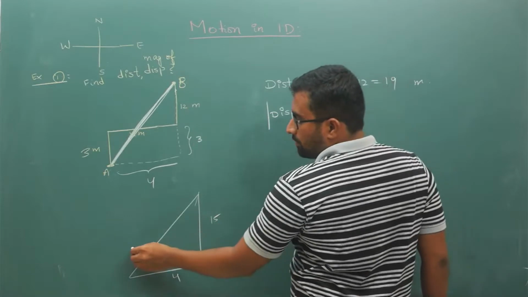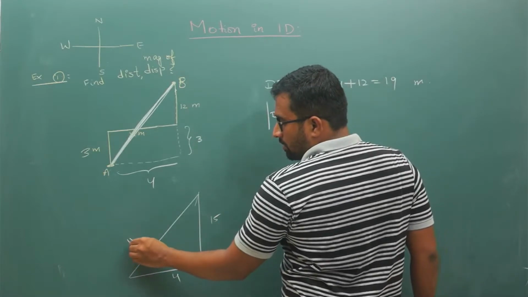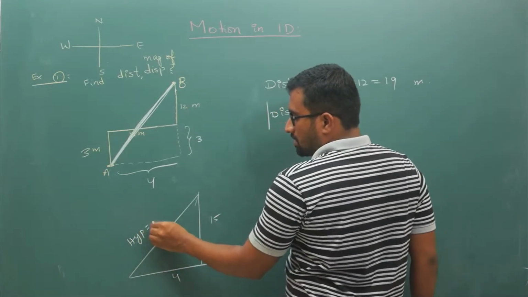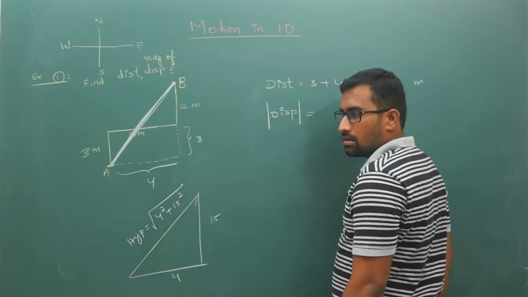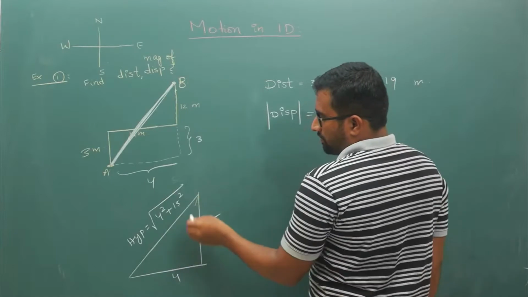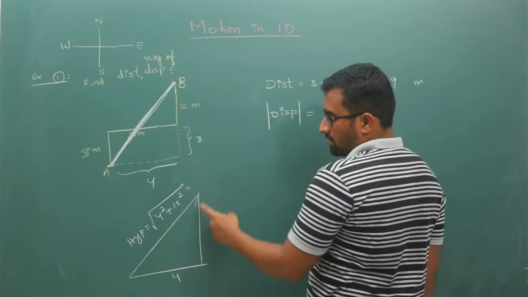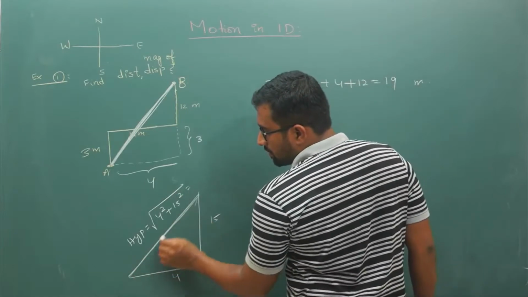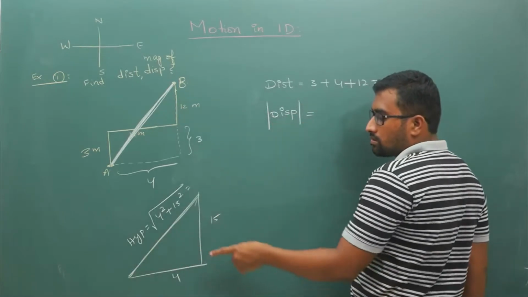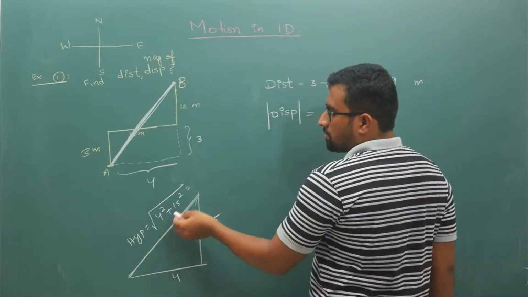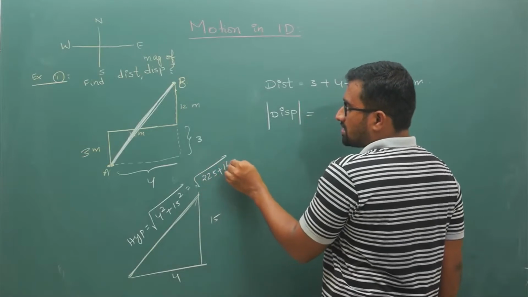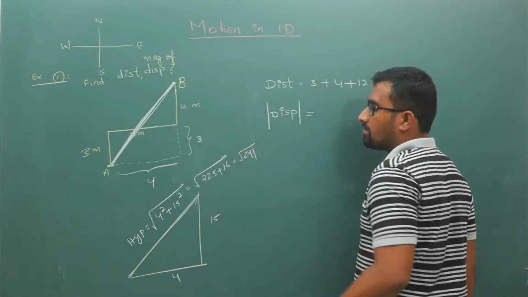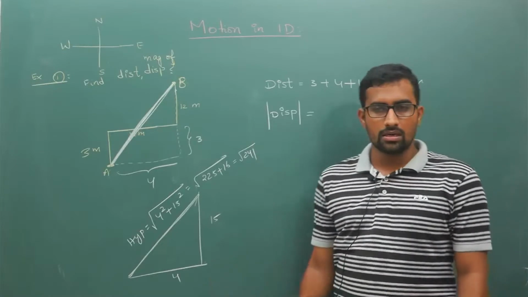Your hypotenuse is under root 4 square plus 15 square, by Pythagoras theorem. Hypotenuse is the under root of opposite side square plus adjacent side square, so that gives under root 225 plus 16, which is under root 241. So this is your displacement.